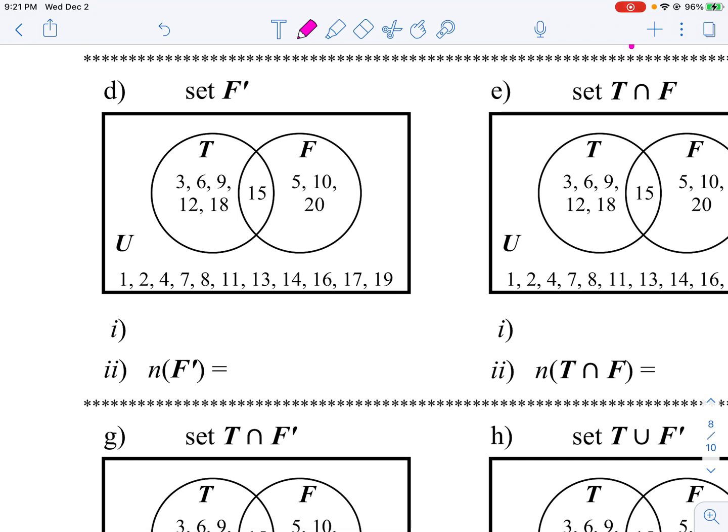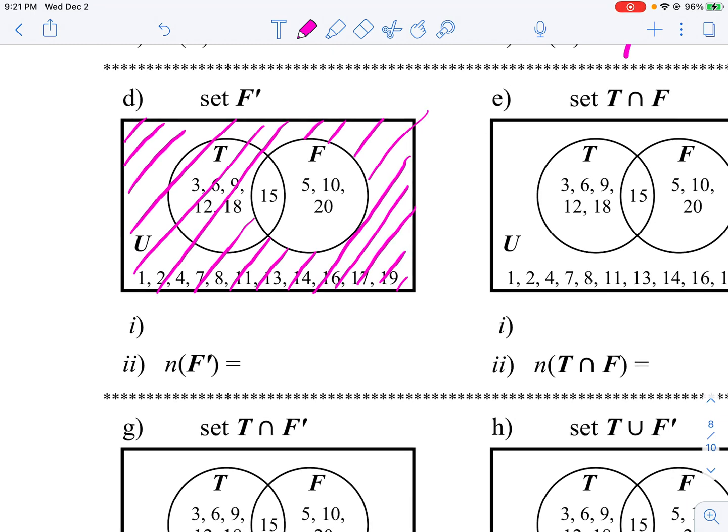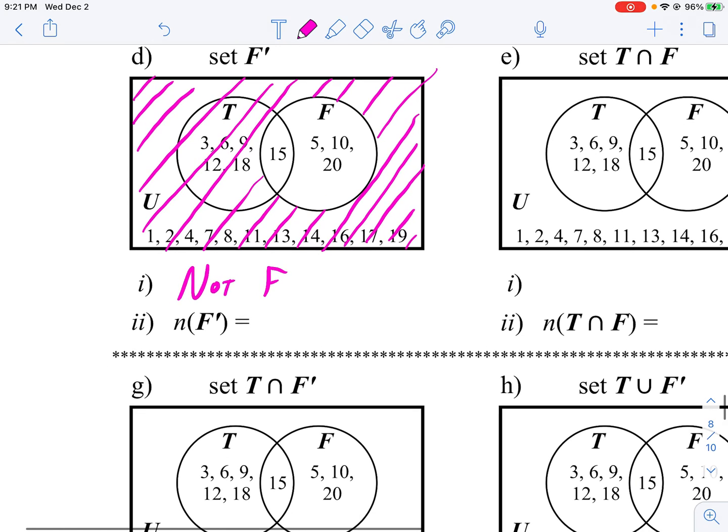The items that are not in the subset F, just like T, we're going to exclude F. And this is called not F. And the number of items that are not in the F category is 16.